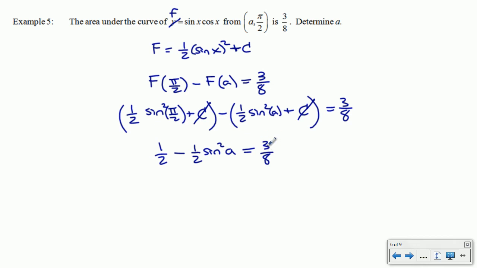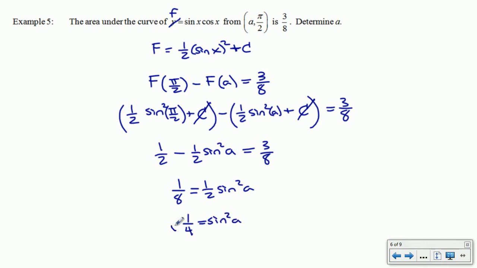And now we can bring all the numbers to one side and then bring this to the other. So 1/2 minus 3/8 would give us 1/8, and that equals 1/2 sine squared a. And if we multiply both sides by 2 here, we would have 2/8 equals sine squared a, and 2/8 is equivalent to 1/4. So that's equal to sine squared a.